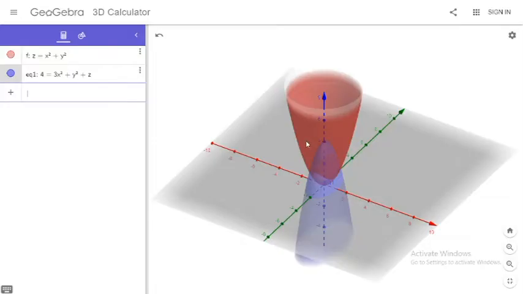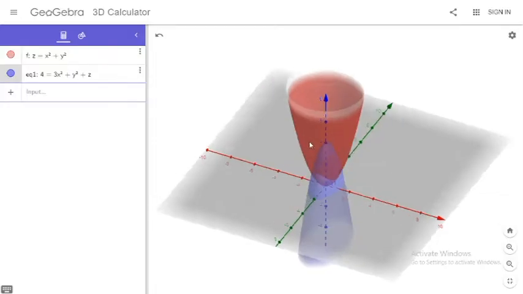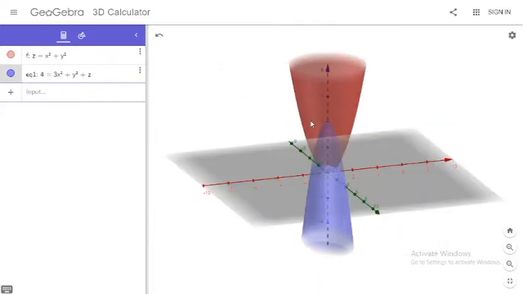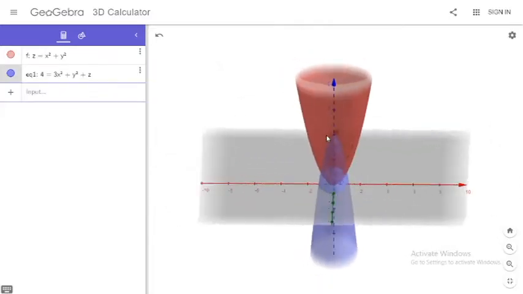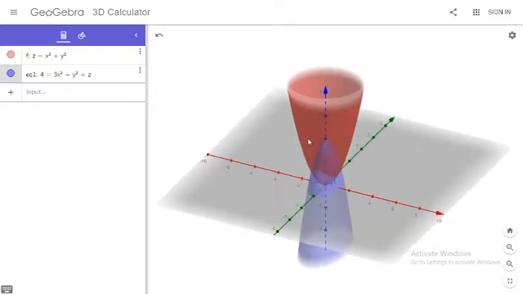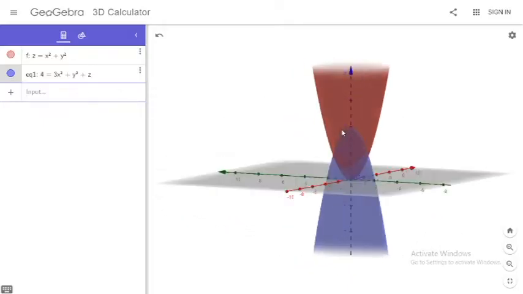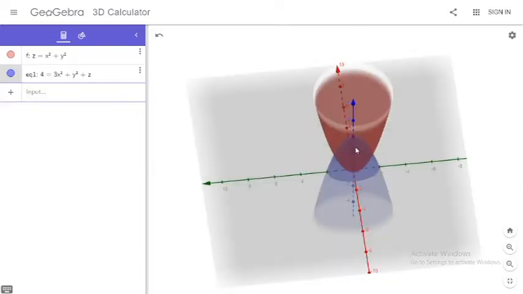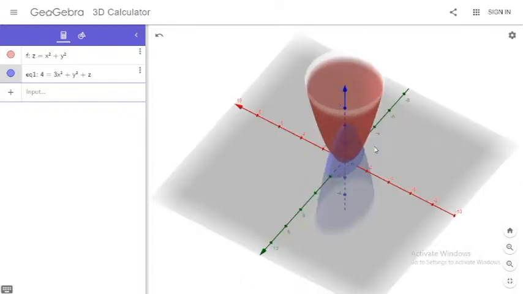The graph of z equals x squared plus y squared is the red one, while the graph of 4 equals 3x squared plus y squared plus z is the blue one. The curve of intersection is over there.